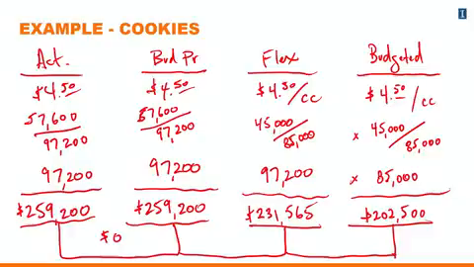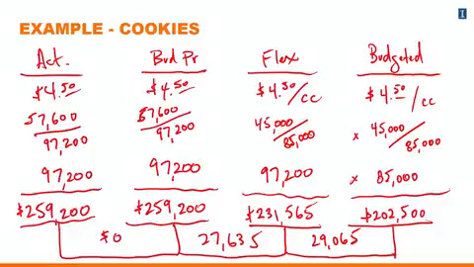The difference between the second and the third column, referred to as the mix variance, comes out to be $27,635. And the difference between the third and the fourth column, which has to do with the fluctuation from budget towards actual total cookies sold, comes out to be $29,065.